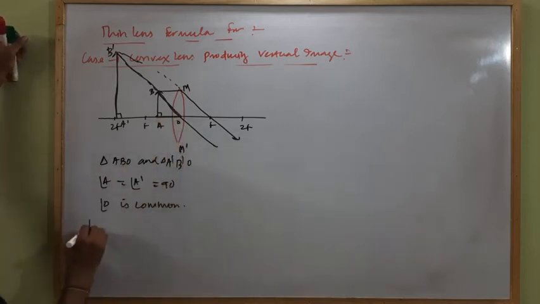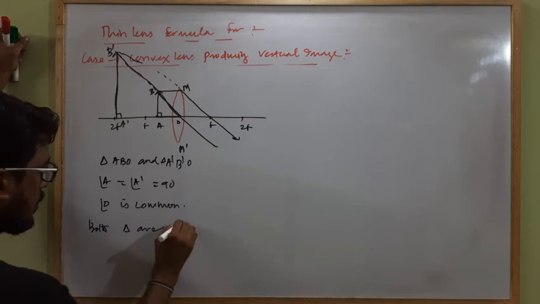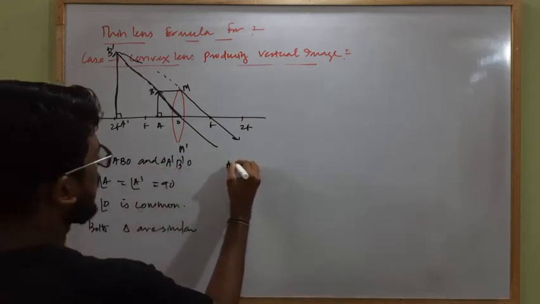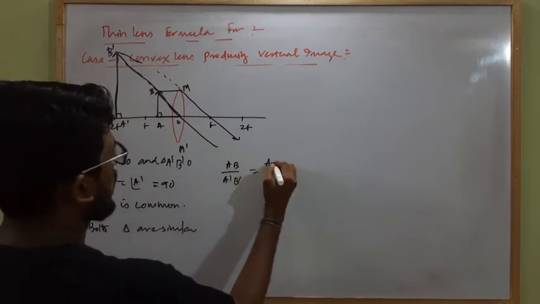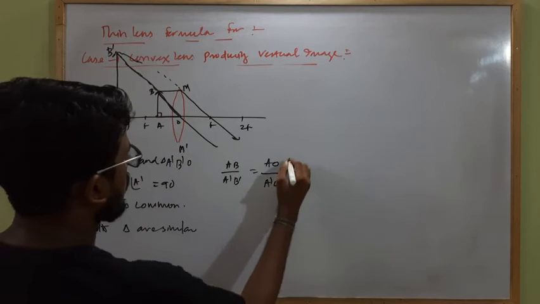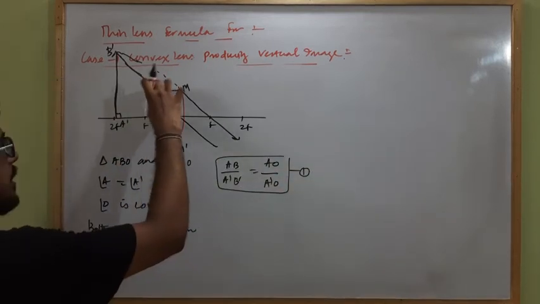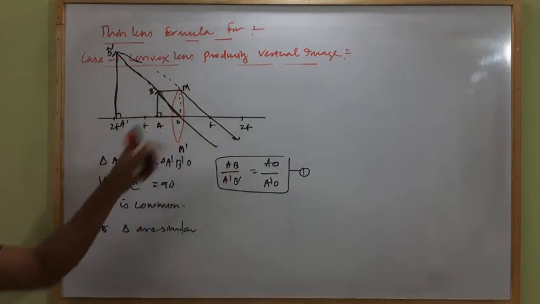So both triangles are similar. So we can write the corresponding side ratios: AB divided by A'B' equal to AO divided by A'O. Equation 1.